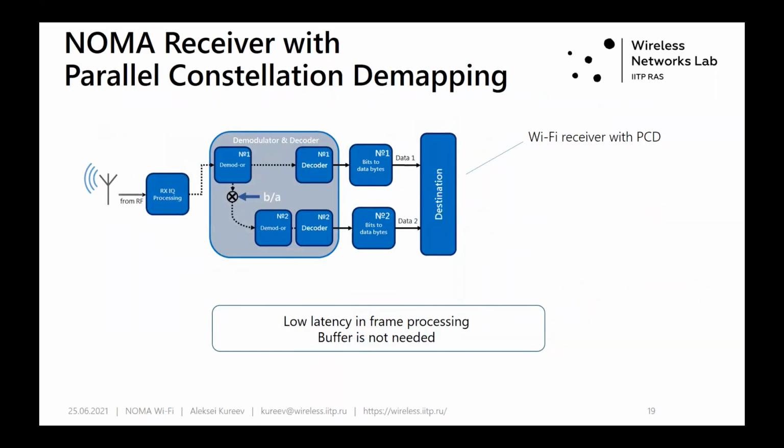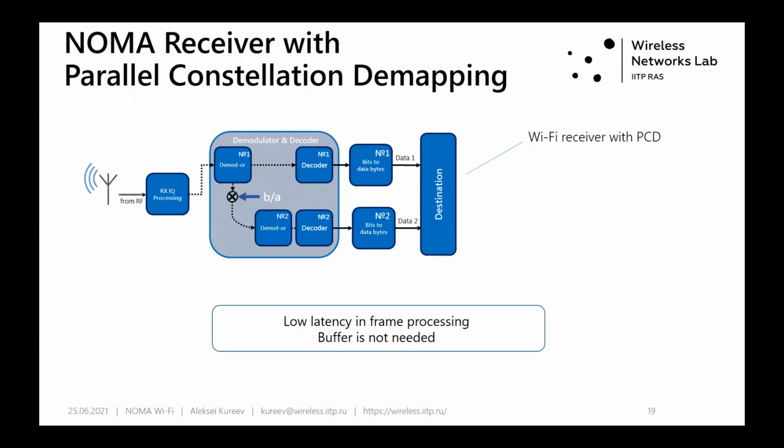Another idea for implementing a NOMA receiver is the usage of parallel constellation demapping instead of successive interference cancellation. The idea is to process the constellation points in parallel. If the received signal SNR is high enough, we can demodulate in parallel the signal which corresponds to STA1 from the primary frame and the signal from the secondary frame.